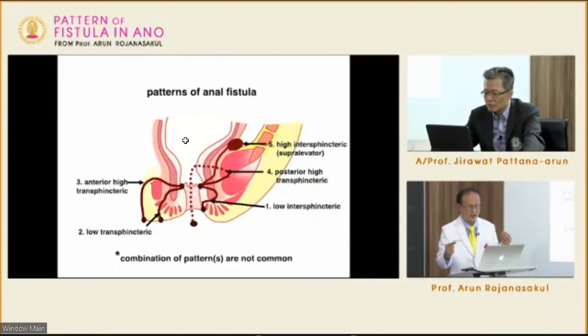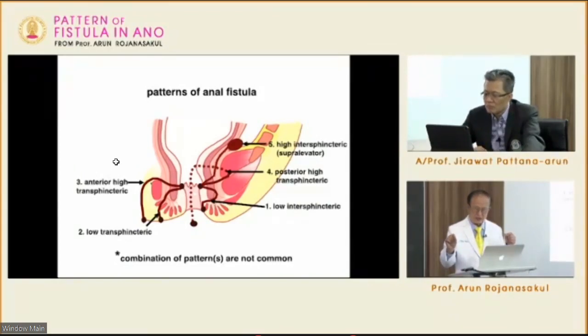But it's still there. If you have the high transsphincteric posterior, you can have an external opening on one side, but still an active fistula tract on the opposite side. You can see the horseshoe, but only one external opening.